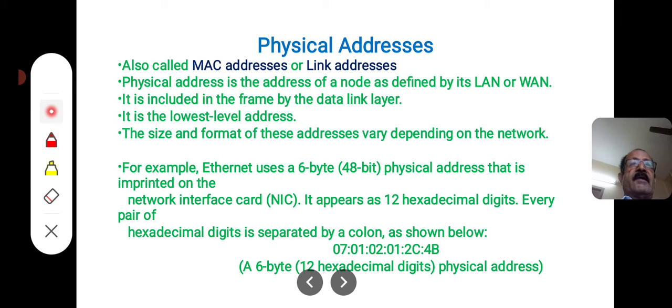All the 0, 7, 1 are hexadecimal digits. Each pair of hexadecimal digits is separated by a colon. Colon is the delimiter for a pair. If you convert each hexadecimal digit to binary, each can be converted to 4 bits. So totally in binary form, we get 48 binary digits. This physical address is a 48-bit address.